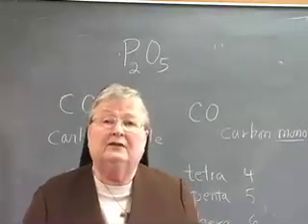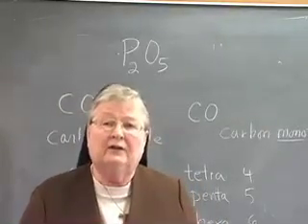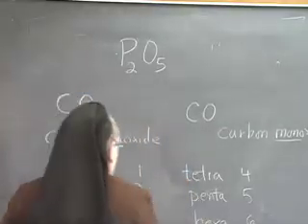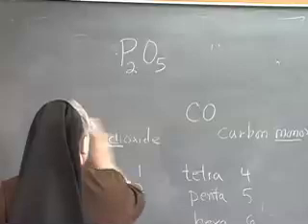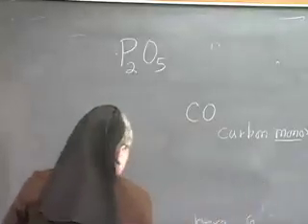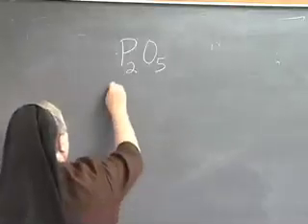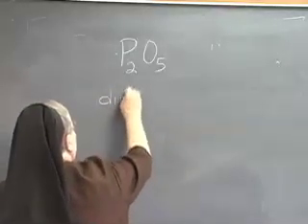Well, yes, you could, because you basically see it's 2 nonmetals, phosphorus and oxygen. As we look at that, we know that it's a molecular compound, and we would just look at the subscripts, and we'd have to say that this was diphosphorus.